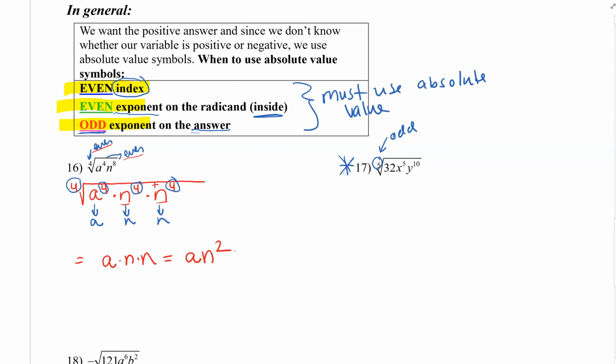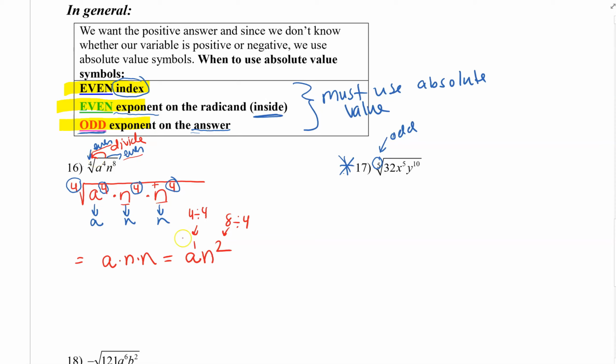The short way would say just divide the powers, right? Divide the power by the index. 4 divided by 4 is 1, and 8 divided by 4 is 2. So that's the short way, just divide the powers.